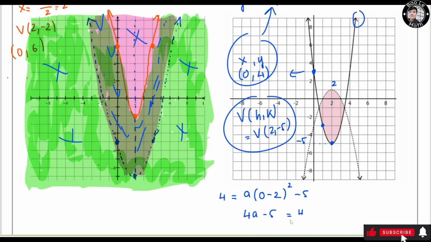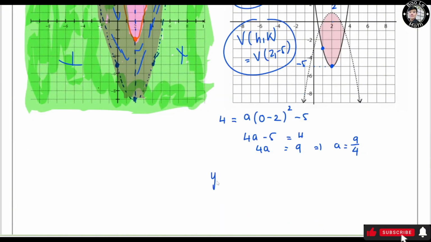Add 5 to both sides, so 4a equals 9. So then a equals 9 over 4. So I have the quadratic equation y equals 9 over 4 times (x minus h) altogether squared plus k, but k is equal to negative 5.